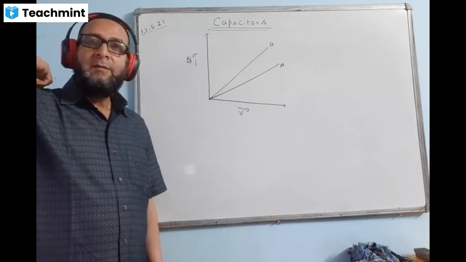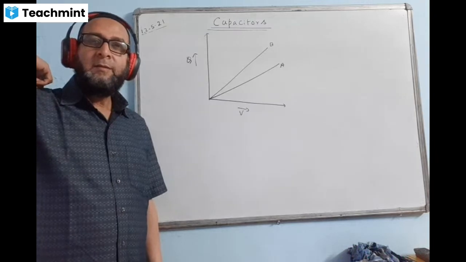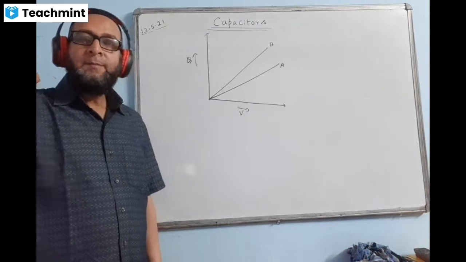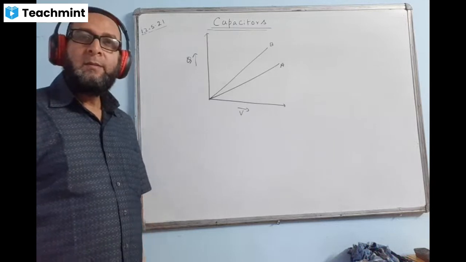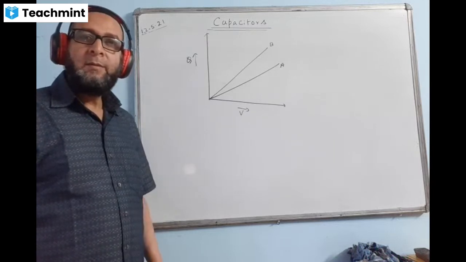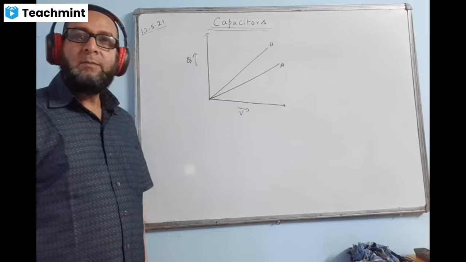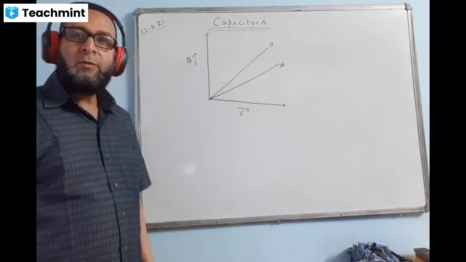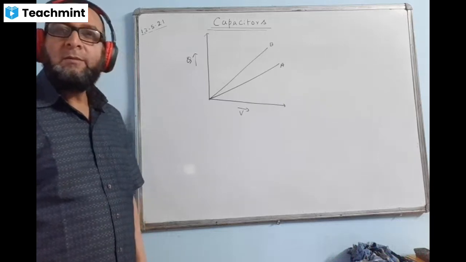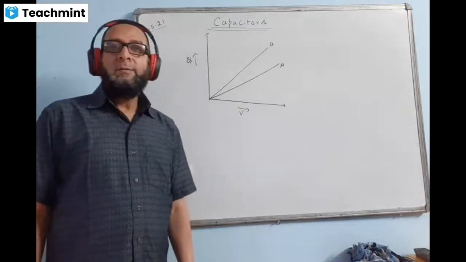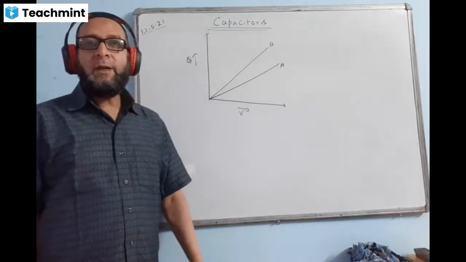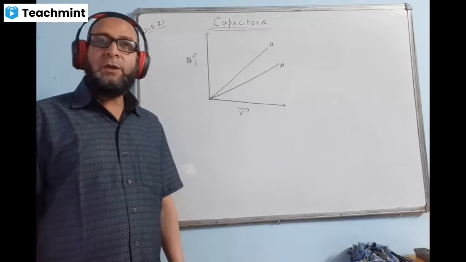You, yeah, Tenzing. Yes, Tenzing. I could not hear only anything. Did you give any response? My question is, which one of them, A or B, represents series combination of capacitors? A or B? Tell me.